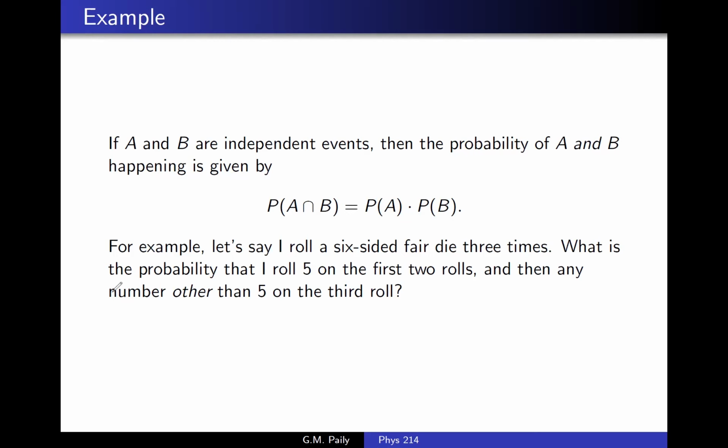There's the probability of 5 on the first roll, and that is 1/6, right? Because it's just one of 6 possible results. Probability of 5 on the second roll is again 1/6. Probability of anything other than 5 on the third roll.